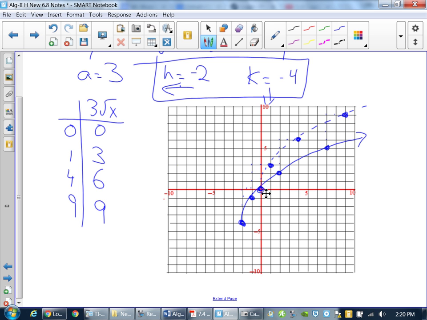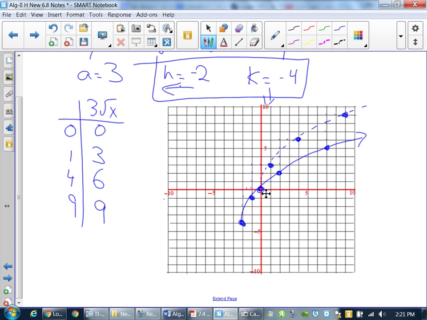So now if I look at my graph that's solid, what's the smallest value of x that I have? -2. So my domain starts at -2, and is it increasing or decreasing? Increasing.